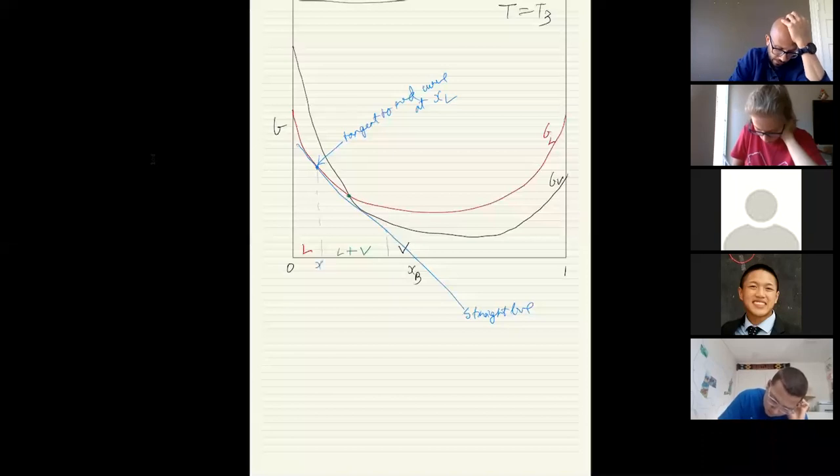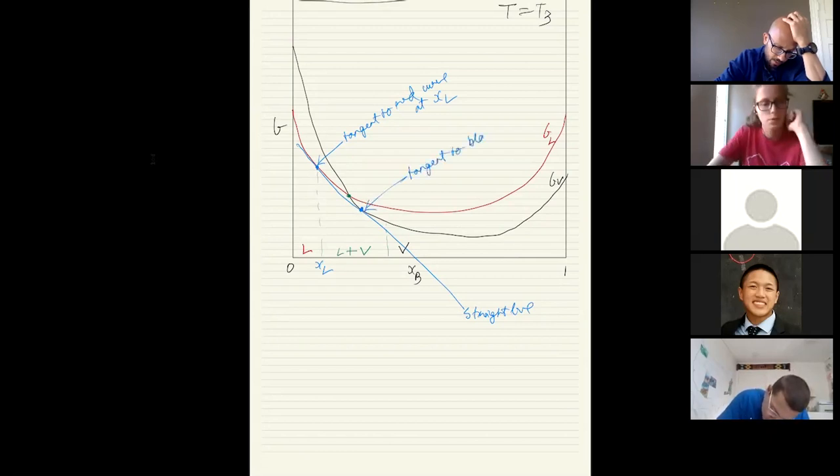So some XL, and tangent to the black curve at XV, okay?